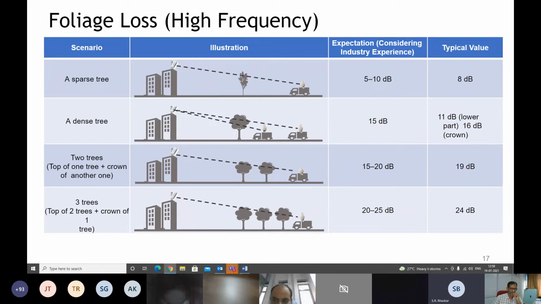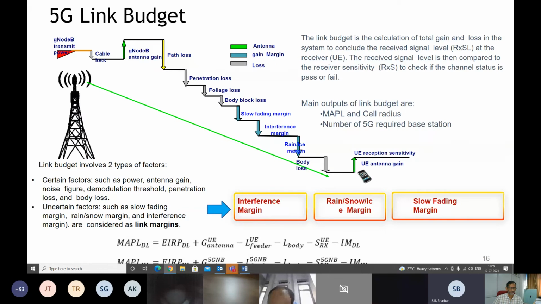You just go to the last slide of 5G. Where you have shown the penetration loss. You have told that penetration loss can be in the building or inside the room or inside the hall.